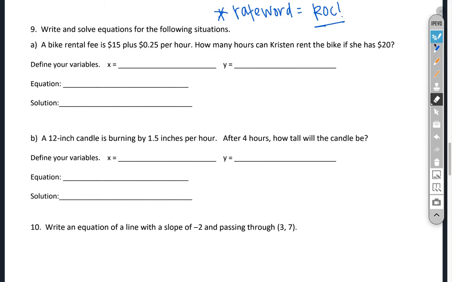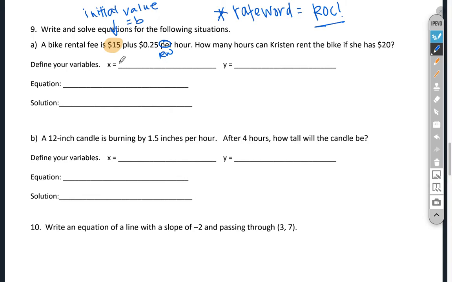So let me circle that a little better. So our rate word here, okay? And then a bike rental fee is $15. So $15 regardless of how many hours you are biking, you're going to pay that $15. So that tells us that 15 is our initial value, right? We're initially paying $15, which we should hopefully know is also our b, right?